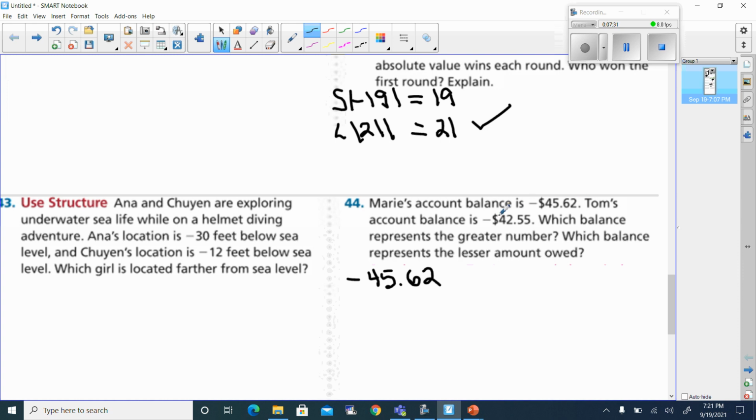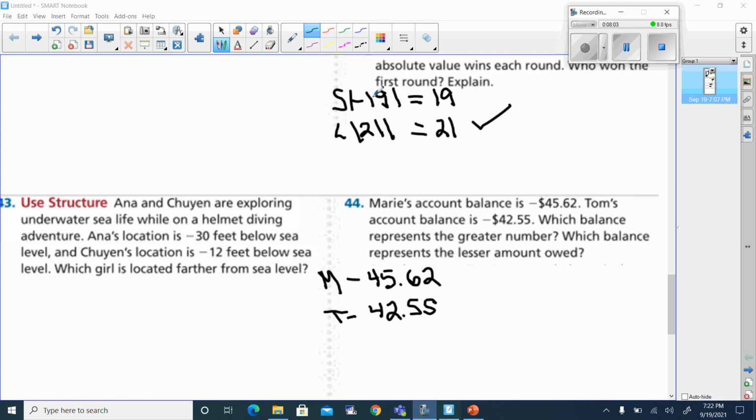Tom's account balance is -$42 and 55 cents. Which balance represents the greater number? Which balance represents the lesser amount owed? All right, which one of these expresses the greater number?